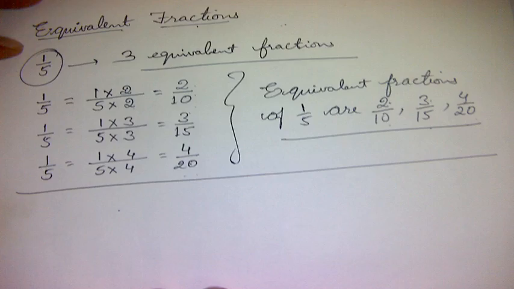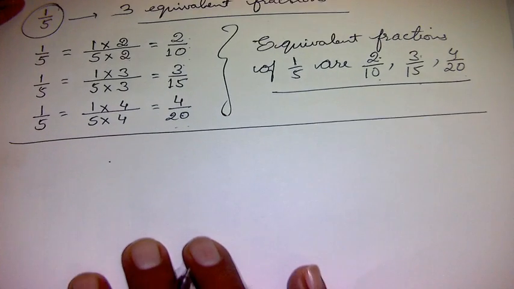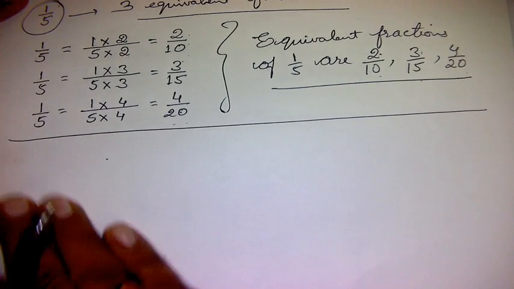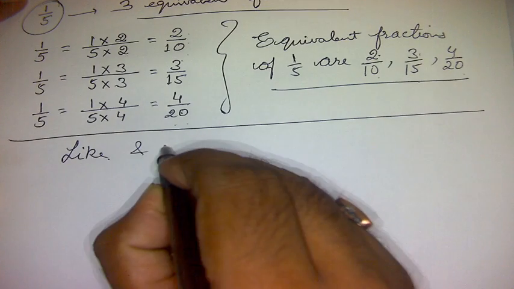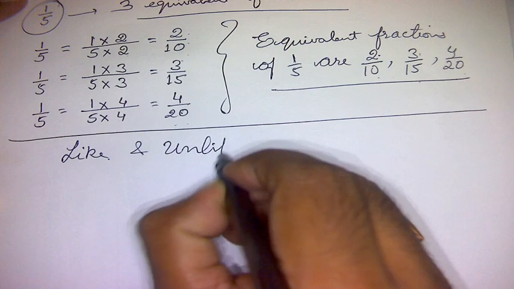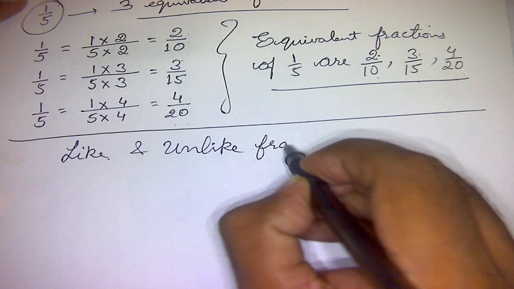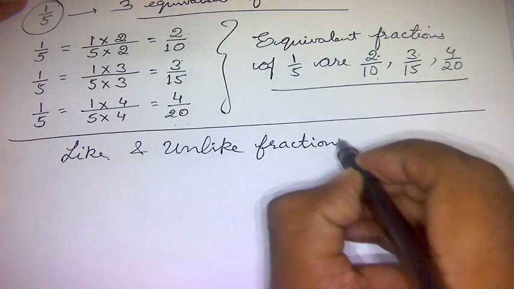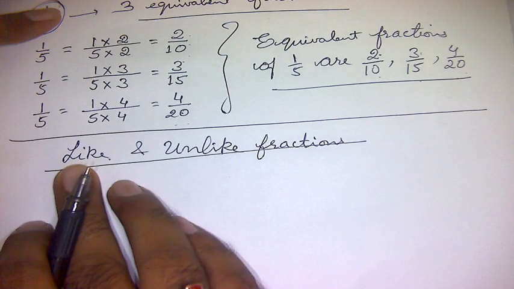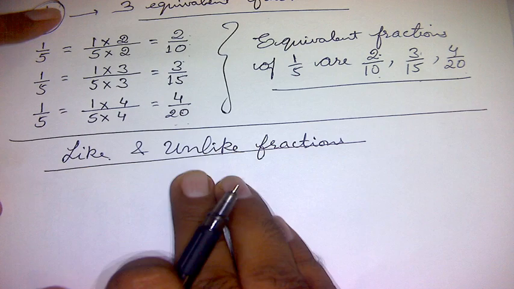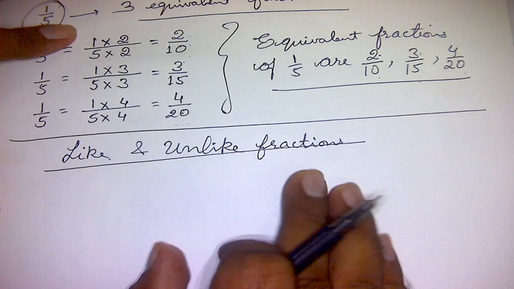Next thing which we are going to do is, if you remember, we have discussed like and unlike fractions. What are like and unlike fractions? Those fractions which have the same denominator are known as like fractions, and if the denominator is different, we call them unlike fractions.